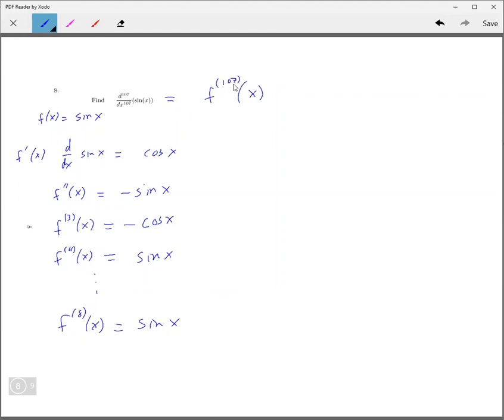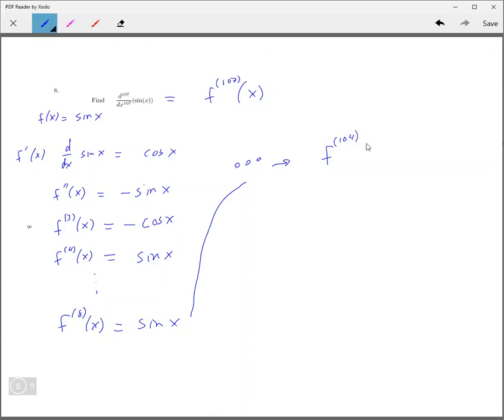So we're going to do 107 derivatives. What's the largest number that's less than 107 that's divisible by 4? 104.